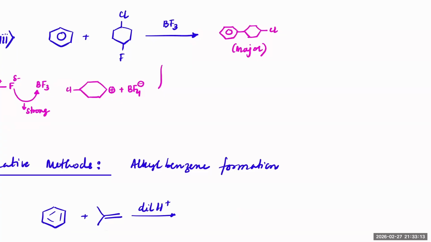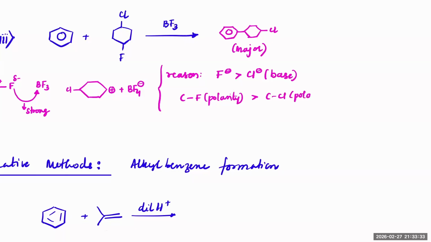Okay. So let me put this as a reason. The reason is, F minus is a stronger base than Cl minus. And C-F polarity is better than C-Cl polarity. These two are the important reasons.